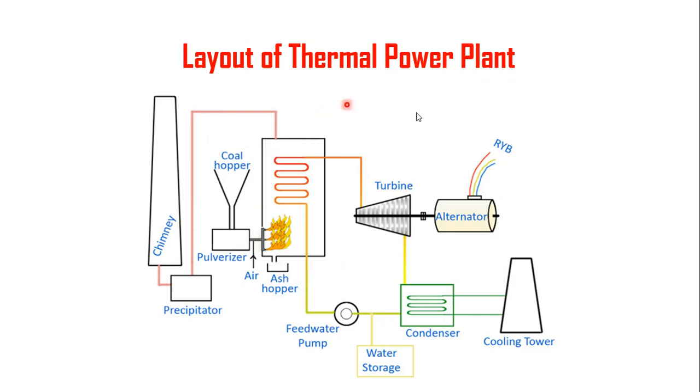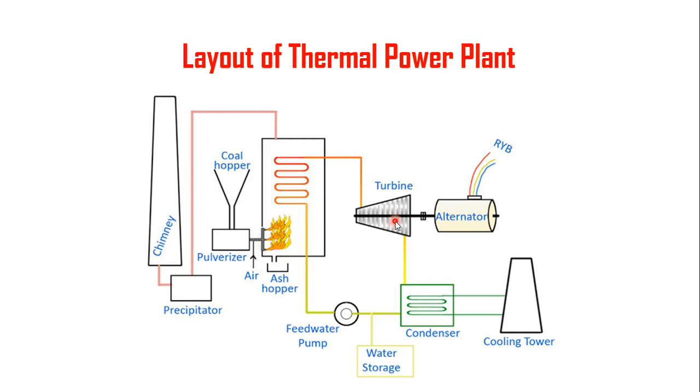Coming to thermal power plants, almost two-thirds of the electricity requirement of the world is fulfilled by thermal power plants or thermal power stations. In these power stations, steam is produced by burning fossil fuels, for example coal here, and then it is used to run a steam turbine.